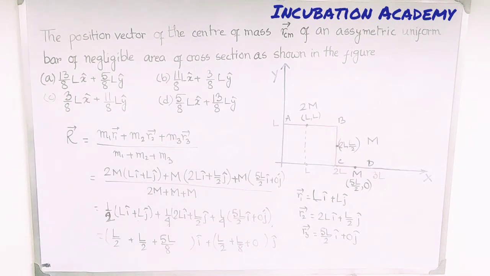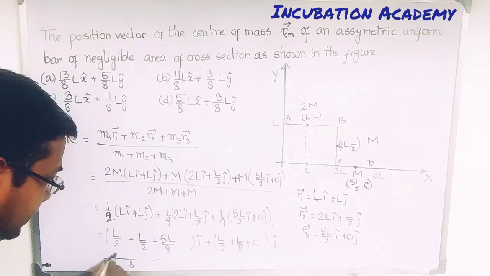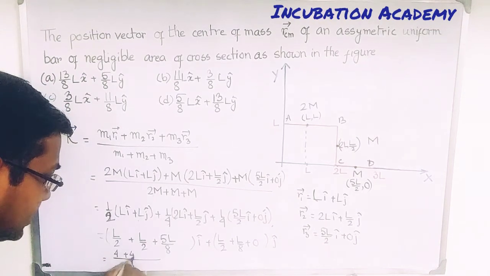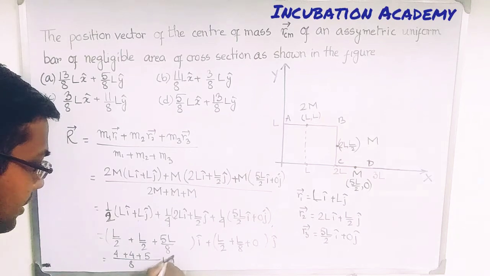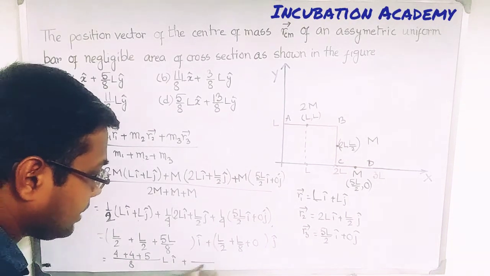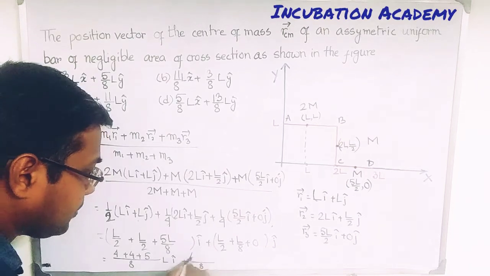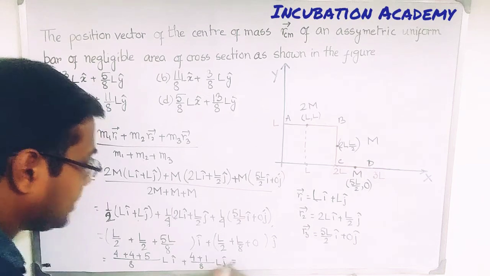So if I do the simplification, 8 will be the LCM, it is 4 plus 4 plus 5, L i cap, and here 8, so it will be 4 plus 1, L j cap.